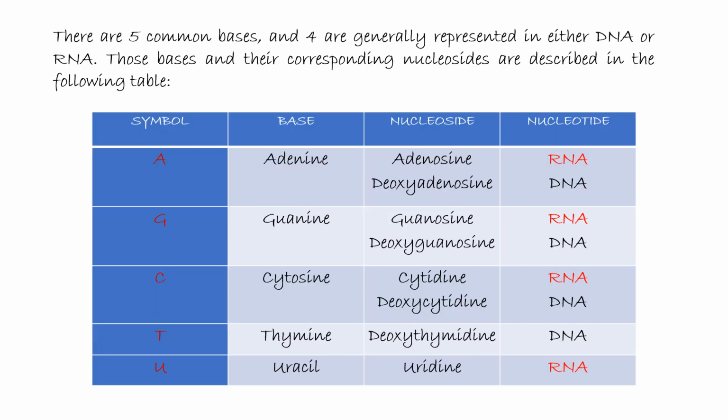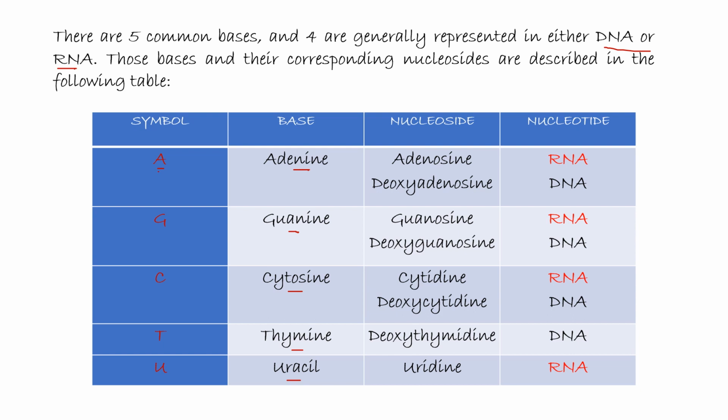There are 5 common bases, and 4 are generally represented in either DNA or RNA. Those bases are adenine, guanine, cytosine, thymine, uracil. Adenine is present in adenosine in RNA or deoxyadenosine in DNA.